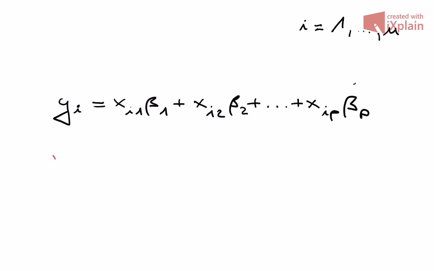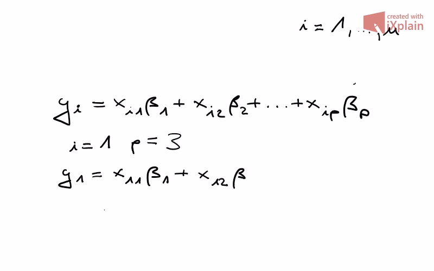So to give a concrete example, maybe I write the whole thing very clearly. So for example, if now our i equals 1, let's make it simple, and our p equals 3, that's the p here, then we can write this as y1 equals x11 beta 1 plus x12 beta 2 plus x13 beta 3.